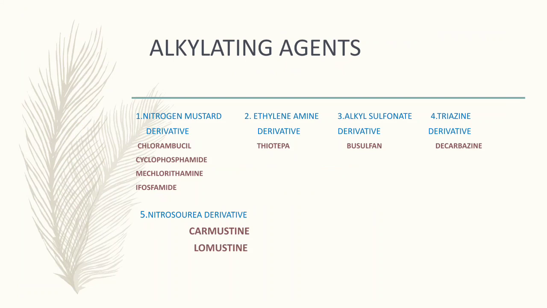Coming to nitrogen mustard derivatives, the drugs which come under this group are chlorambucil, cyclophosphamide, mechlorethamine, and ifosfamide. Next, ethylenamine derivative: thiotepa. Alkyl sulfonate derivative: busulfan. Triazine derivative: dacarbazine. Nitrosourea derivative: carmustine and lomustine.